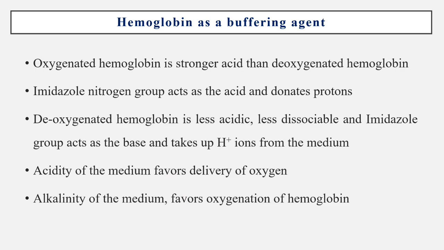Deoxygenated hemoglobin is less acidic, less dissociable, and the imidazole group acts as the base and takes up hydrogen ions. The acidity of the medium favors the delivery of oxygen, and the alkalinity of the medium favors the oxygenation of hemoglobin. This is the hemoglobin buffer system.